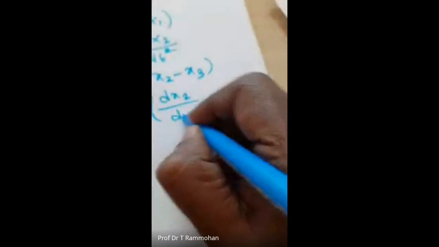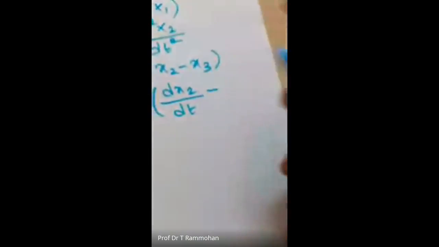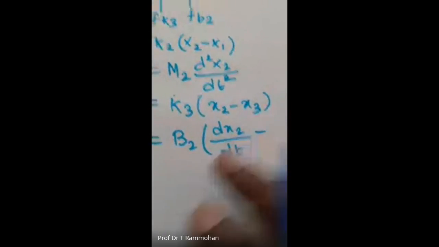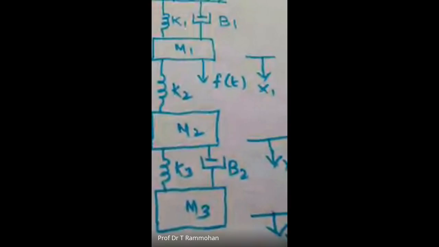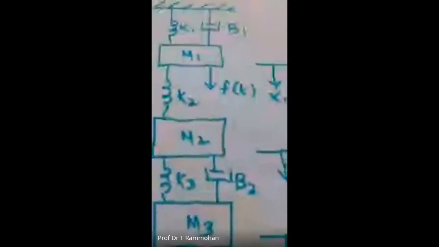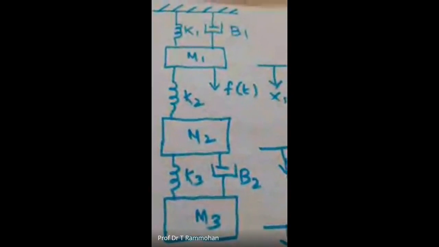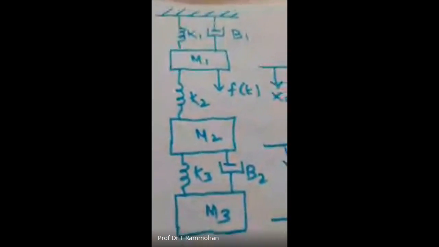d X2 by dt, because B2 is connected between, refer your original diagram, or I can show you the original diagram now. So this is the original diagram. In the original diagram, B2 is connected between M2 and M3.